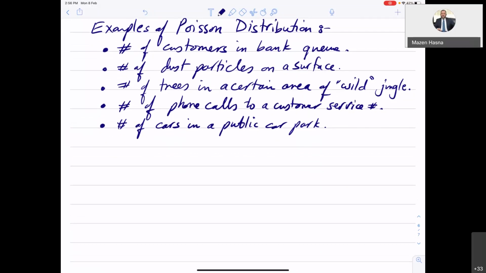So what's the distribution itself? f of x of the Poisson distribution, like any other distribution, has a certain formula. It's given by e to the minus lambda, lambda to the x over x factorial, where x can be 0 or 1 or 2 or 3.